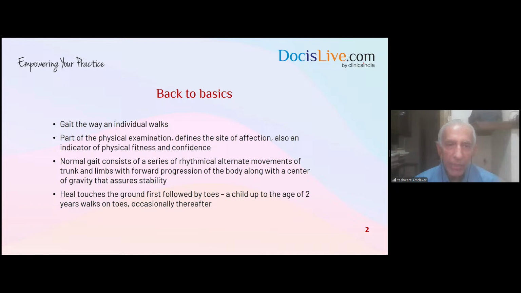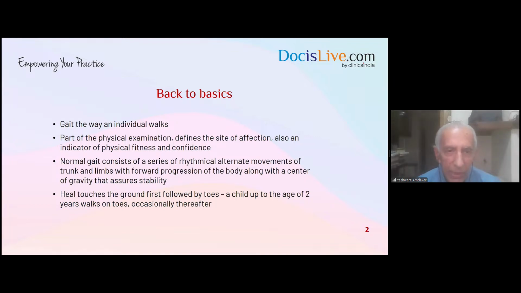When there is a limp, you can make out where the site of the problem is. You can also see how fit or energetic he is or how confident he is. I'm sure you have seen a military person walking with great confidence and fitness. The way one walks can mean so much, even in terms of disease, and when we see patients, gait is an important thing to talk about.